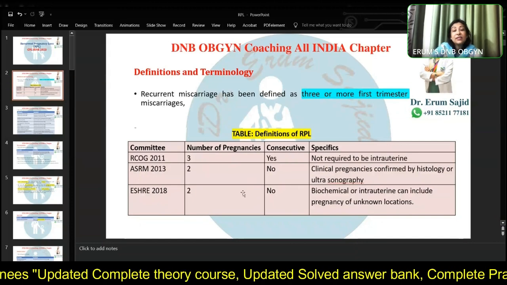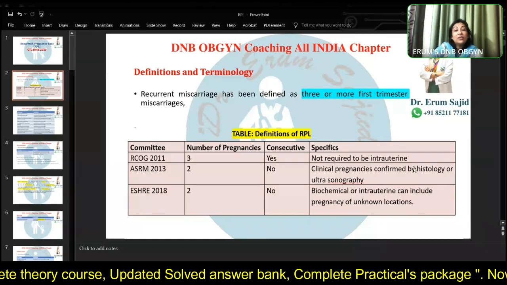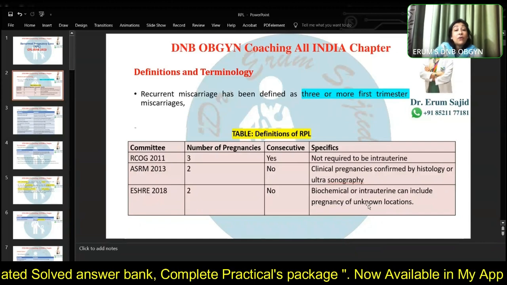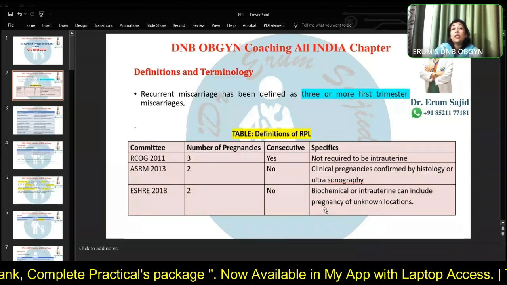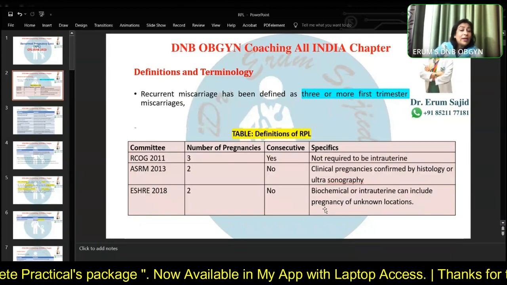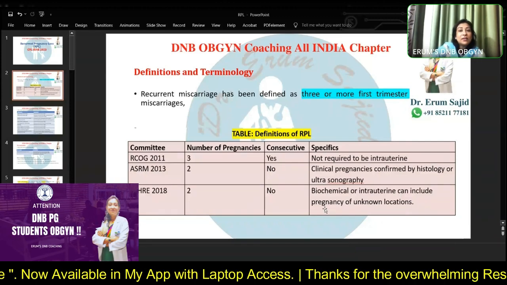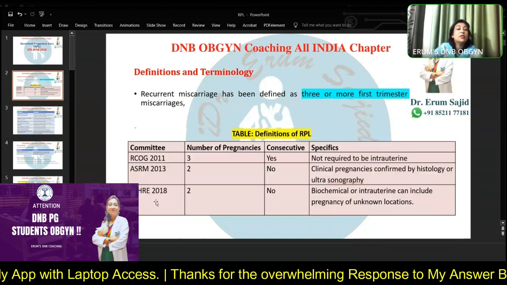But ASRM and ESHRE say even 2 pregnancy losses, clinically confirmed by histology or ultrasonography, or even biochemical or pregnancy of unknown location, are included. Even one ectopic pregnancy and one miscarriage or biochemical pregnancy, and you can say she's having recurrent pregnancy loss. So ESHRE is very scrupulous.